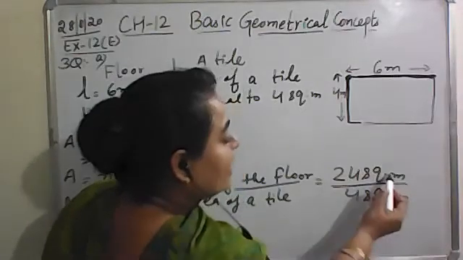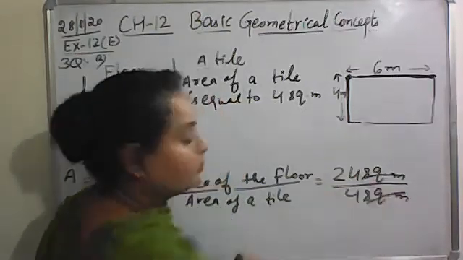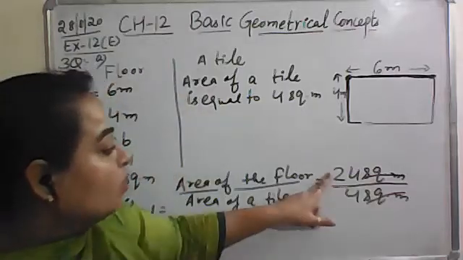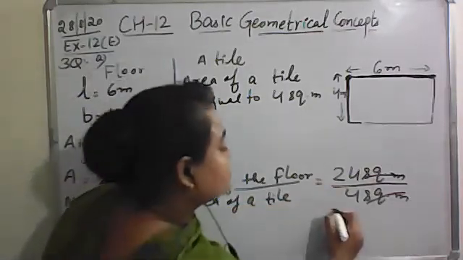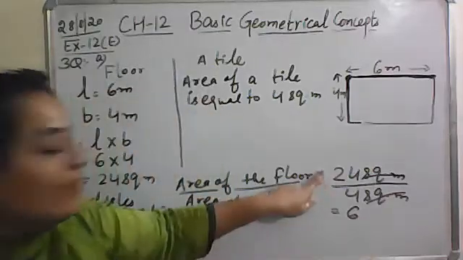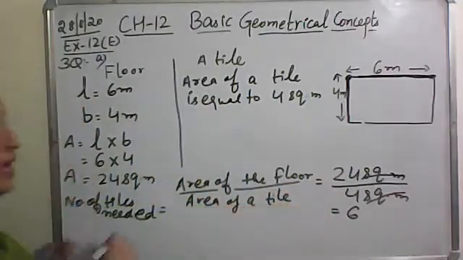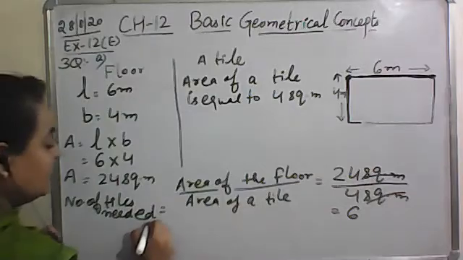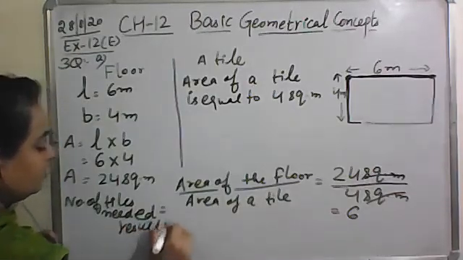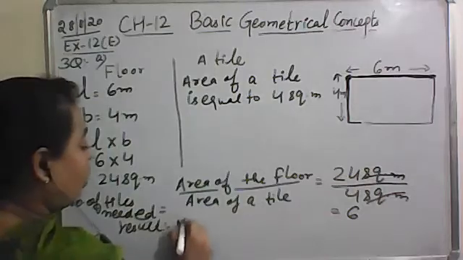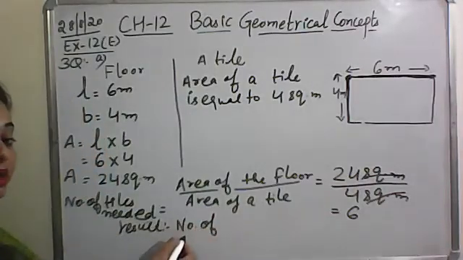Now square meter cuts. When you divide 24 by 4, you will get 6. In the last, you will write the result. No. with a dot is the short form of number.